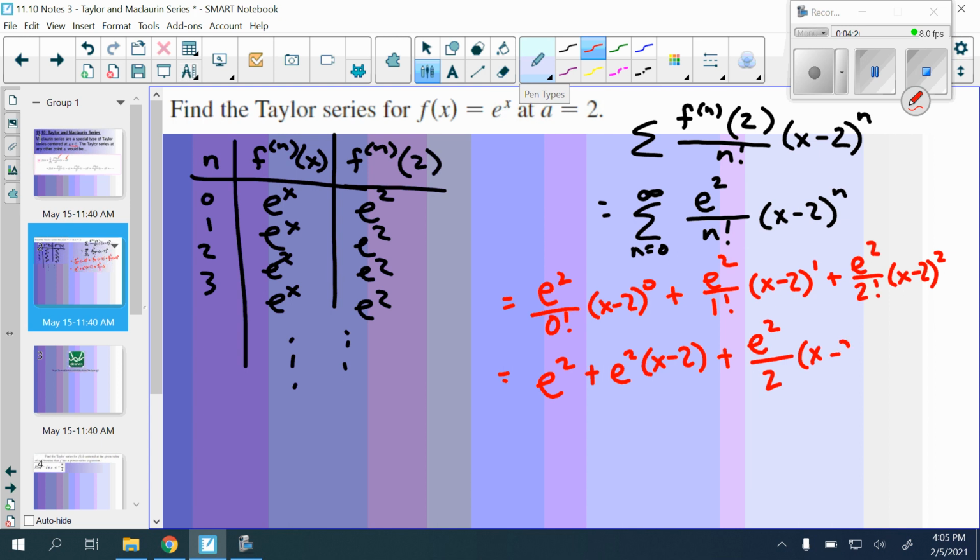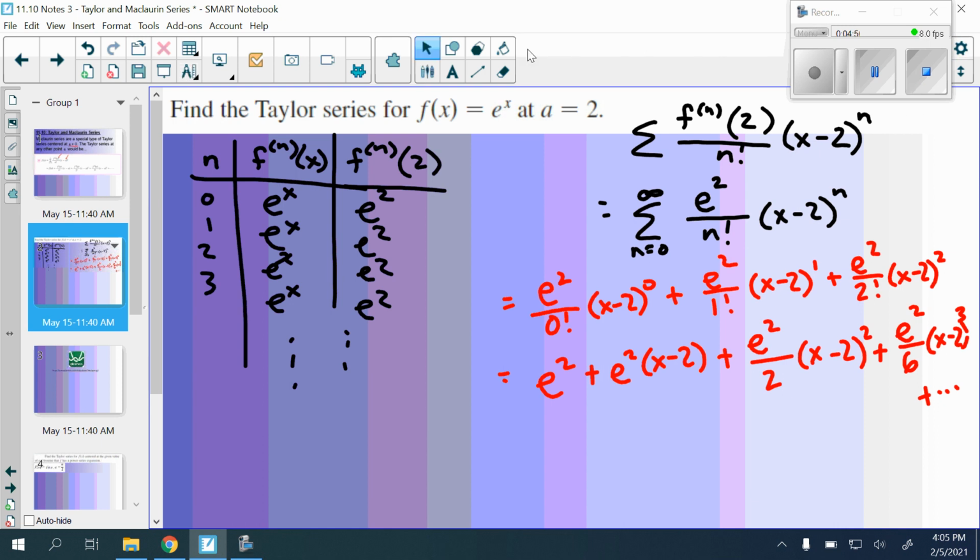If we did the third one, now it's going to be e squared over 3 factorial, and 3 factorial would end up being 6, since 3 times 2 times 1 is 6. Then this would be x minus 2 to the third, and our series would continue there.